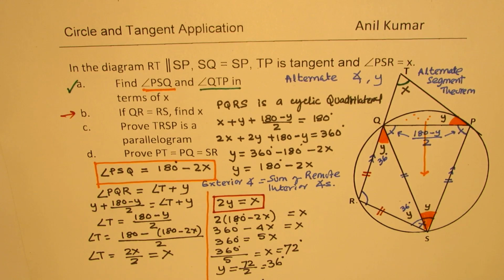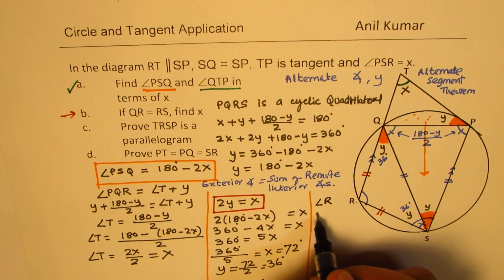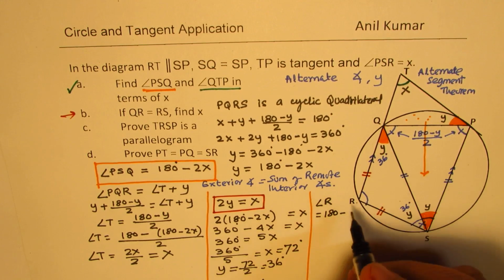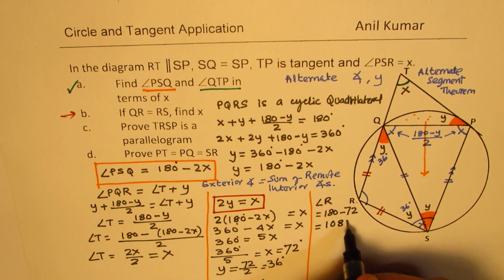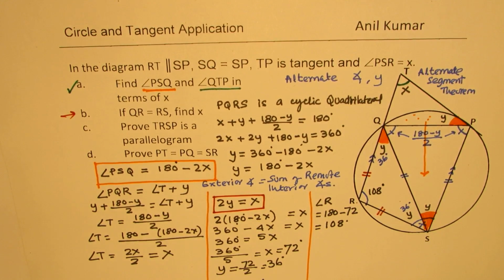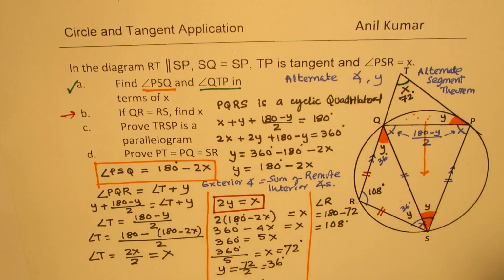Let's figure this out. I'm just writing angle R, which is equal to 180 minus (36 plus 36), which is 72, so which is 108 degrees. So we have this as 108 degrees, correct? Now since x is already found as 72, this is 72 degrees. Is that clear to you?